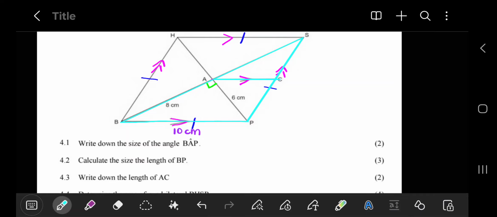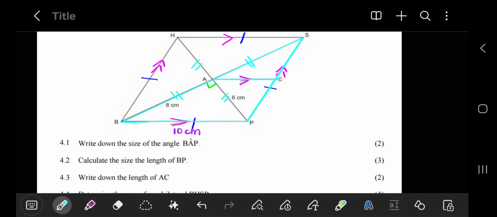Why is it the midpoint theorem triangle? Remember that the diagonals bisect each other. So within this triangle, notice that AC is drawn from the midpoint of one side of the triangle to the midpoint of the other side of the triangle. And it is parallel to the third side. That is purely the midpoint theorem.